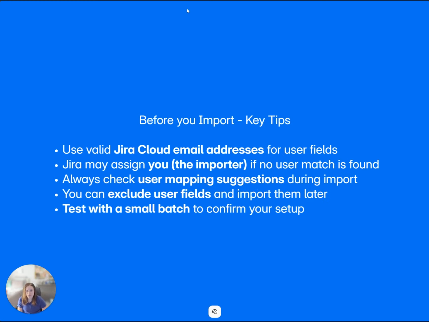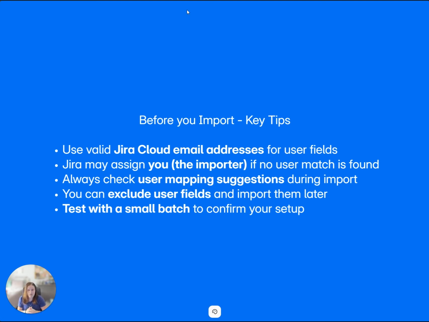Before we jump into the demo, there is one thing I want to call out about user mapping. If you are trying to update or import fields that have a user picker, such as an assignee or a reporter, Jira is going to ask you to map that. It's going to say, hey, I'm going to try and look for the email address or a username that matches what's currently in that file.